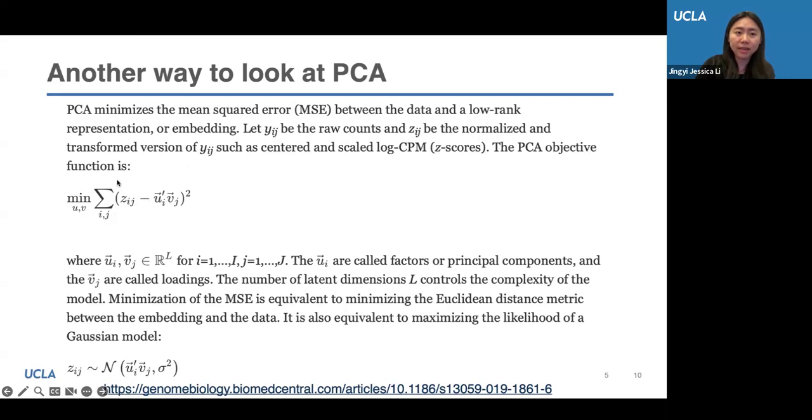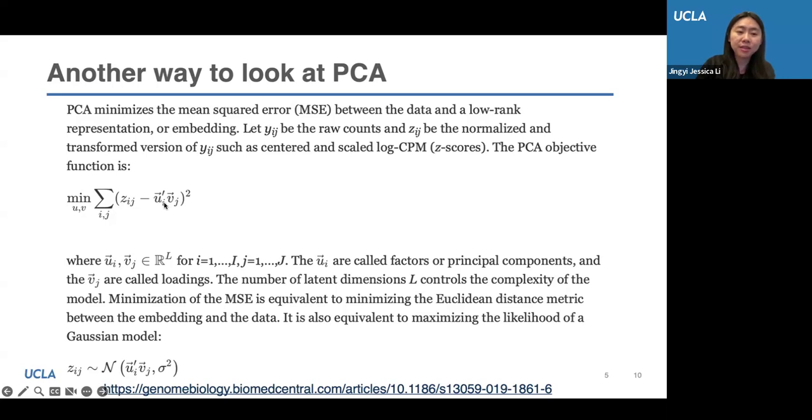Zij is the normalized and transformed version of Yij, such as log CPM. The PCA objective function is we want to have u_i and v_j represent factors. Both are L-dimensional. So Yij, if I use our notation, is gene j in cell i.